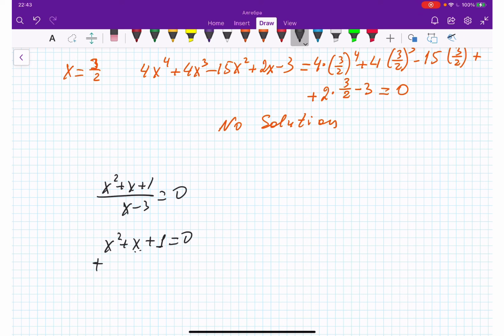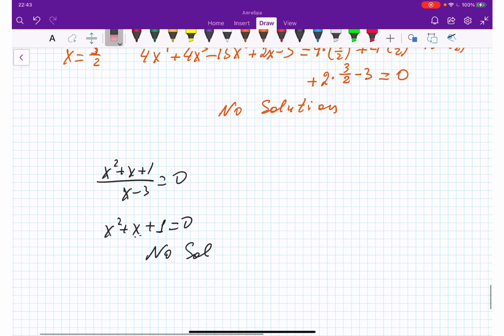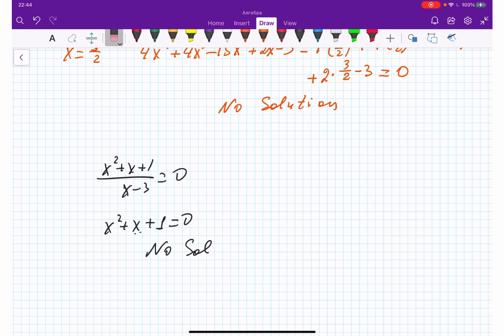Therefore, this equation has no solution. Which means we don't even have to plug anything anywhere, right?